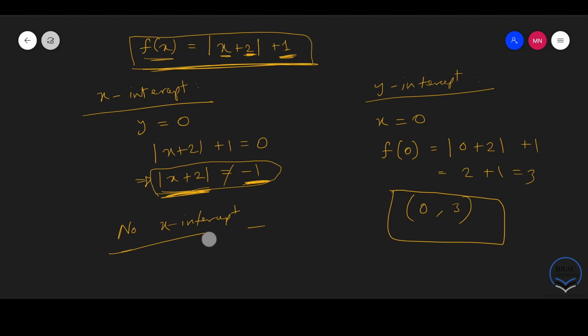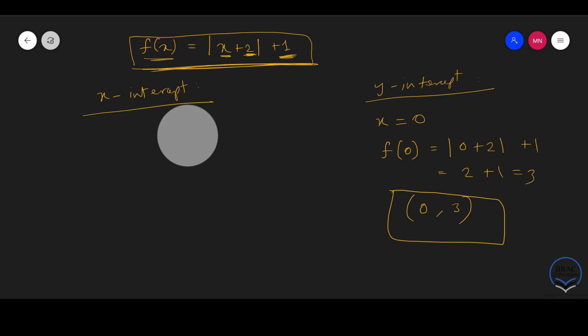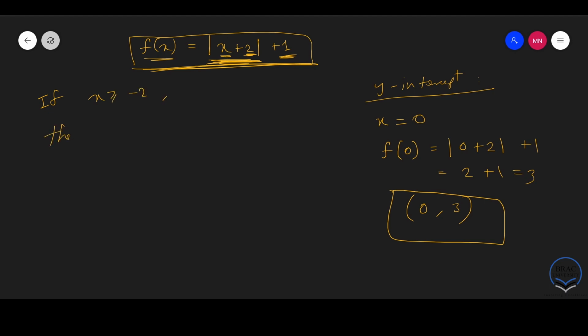Now, by looking at this function, or this absolute value specifically, if x is greater than or equal to minus 2, then in that case, the absolute value of x plus 2 will always be equal to x plus 2, right? So let's say we have x equal to minus 2.